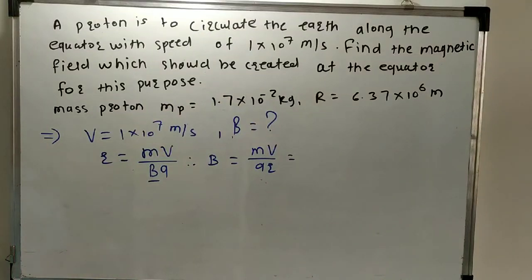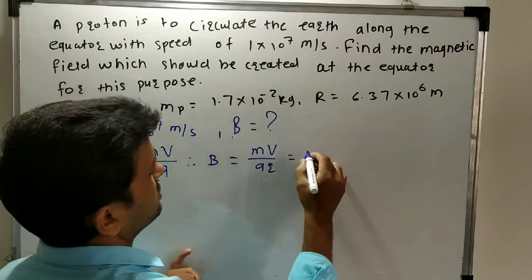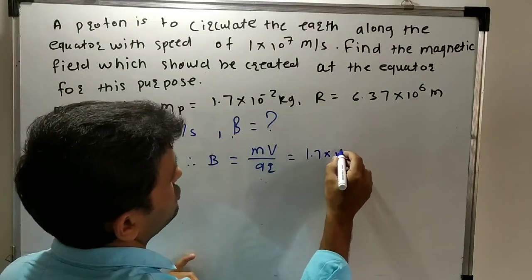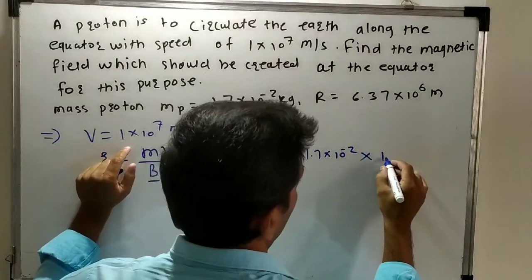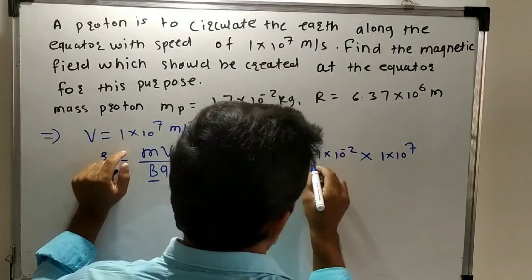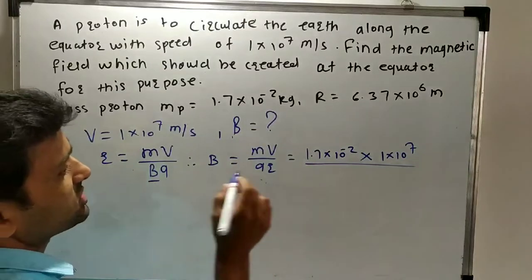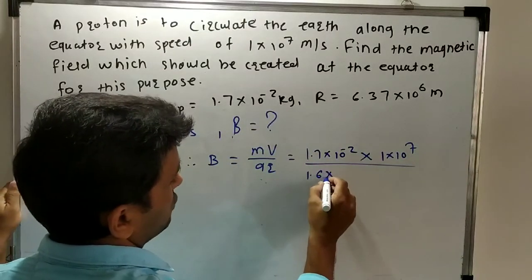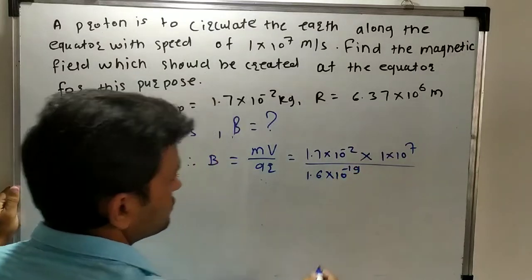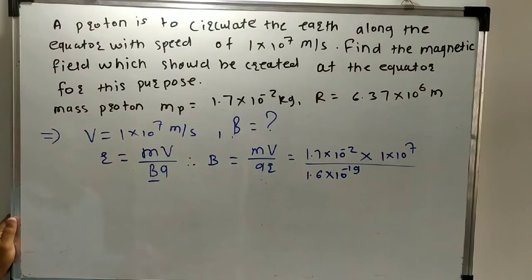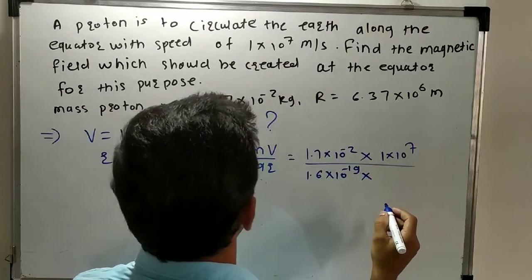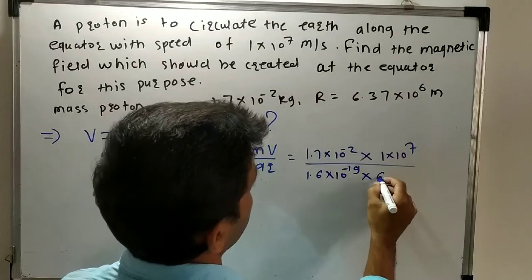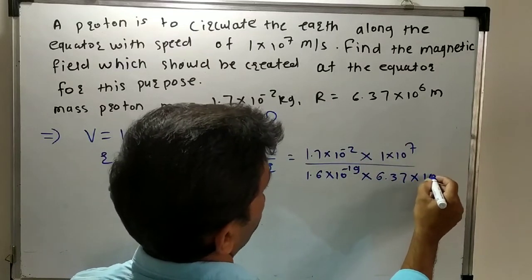The mass of the proton is 1.7 into 10 raised to minus 2, velocity is 1 into 10 raised to 7, divided by the charge on the proton, which is the same as that of the electron, 1.6 into 10 raised to minus 19 coulomb, and the radius is 6.37 into 10 raised to 6.